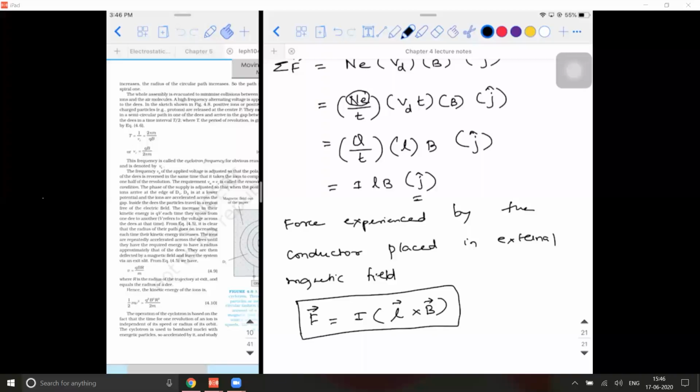It is only I into L cross B, don't write it as B cross L. In scalar form, you will write it as B I L sin theta, where theta is the angle between the direction of current and the magnetic field. Am I clear with this? These are the two formulae based on which we are going to see certain concepts. If you're clear with this, I can proceed. Everyone is clear?